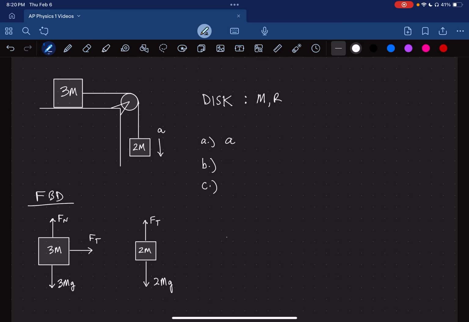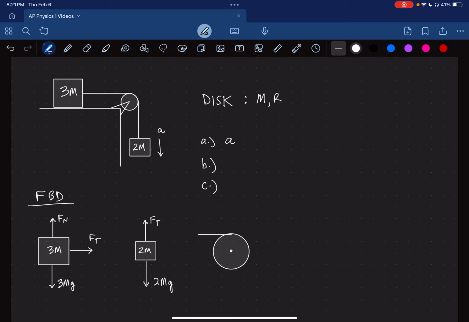Let's draw a torque diagram for the pulley. It's rotating around the center of axis here. Now, remember that strings cannot push. So the string here is not pushing that pulley.